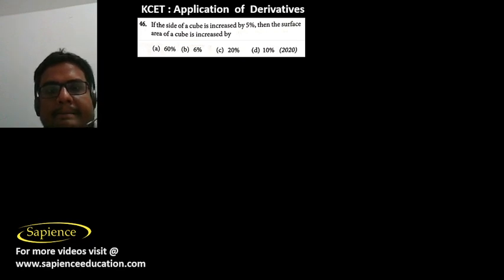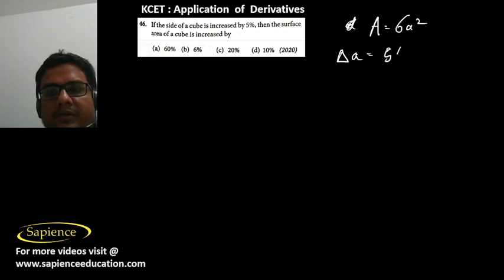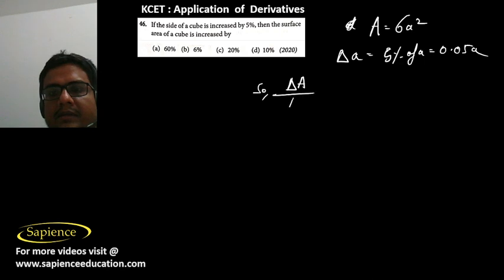So the surface area of the cube is given as 6a square, where a is the side of the cube. Then delta a is 5%, that is 0.05a.